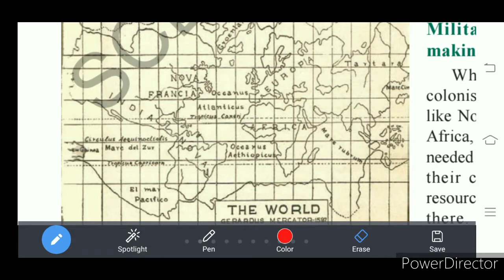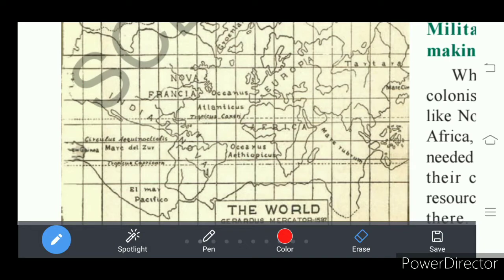It is possible by reducing the size of the places and their shapes. The reduction means the distortion. Distortion means reducing the sizes and distances between the places, and preparing a map this way is called projection.